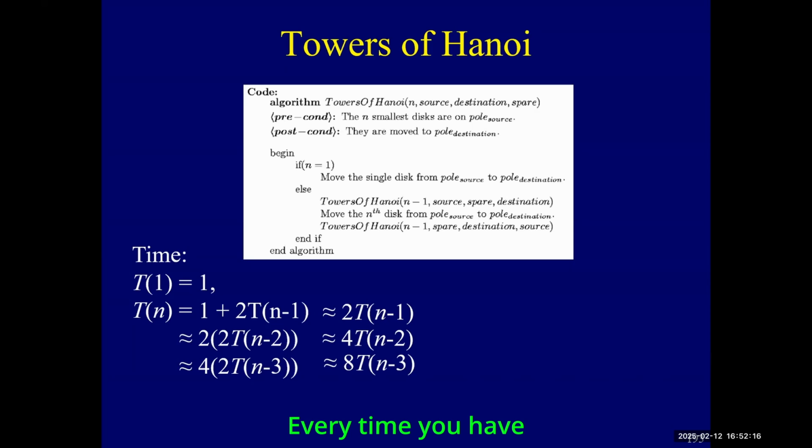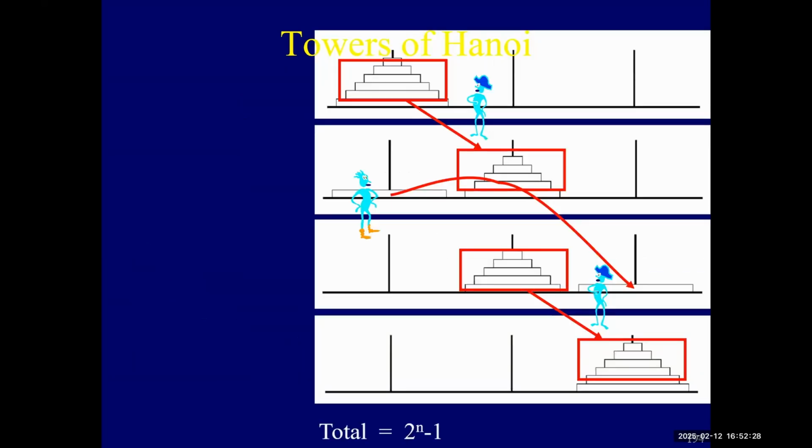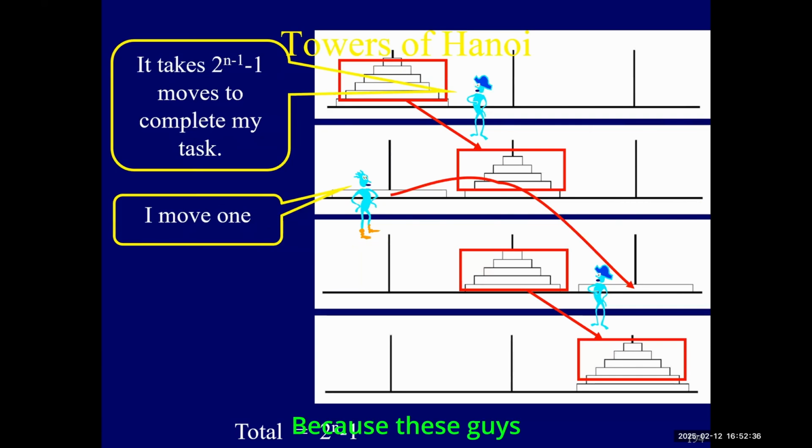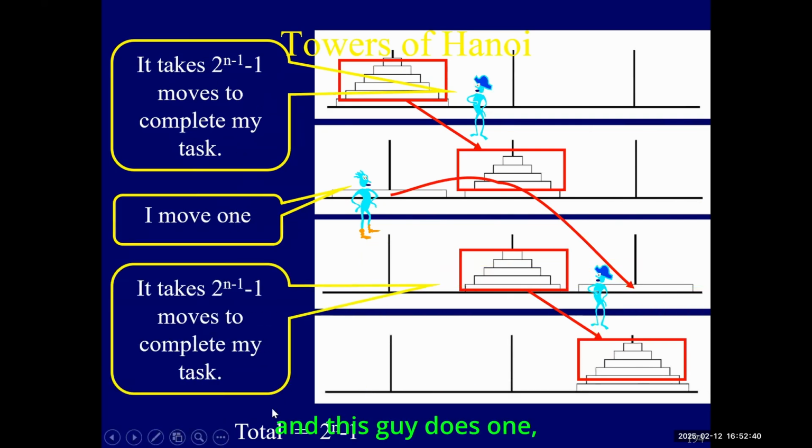Every time you have more disks, it doubles, right? So the total is 2 to the n. You have to move the top disk, the small disk, 2 to the n times. People kind of follow that? Right? In fact, you can say, well, the total is 2 to the n minus 1. Why? Because these guys do this, and this guy does 1, and this guy does 1, and it adds up.